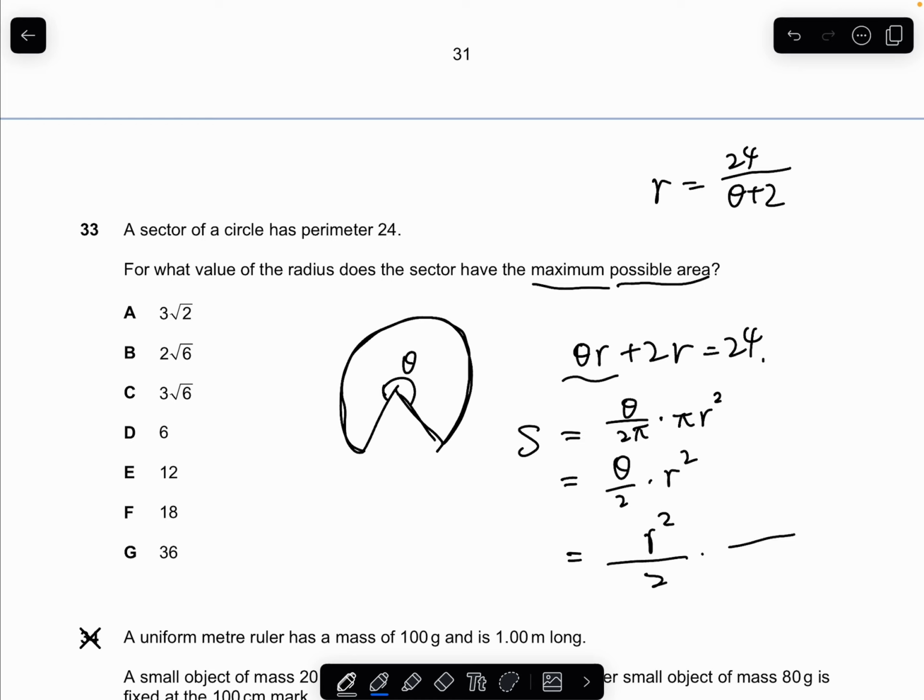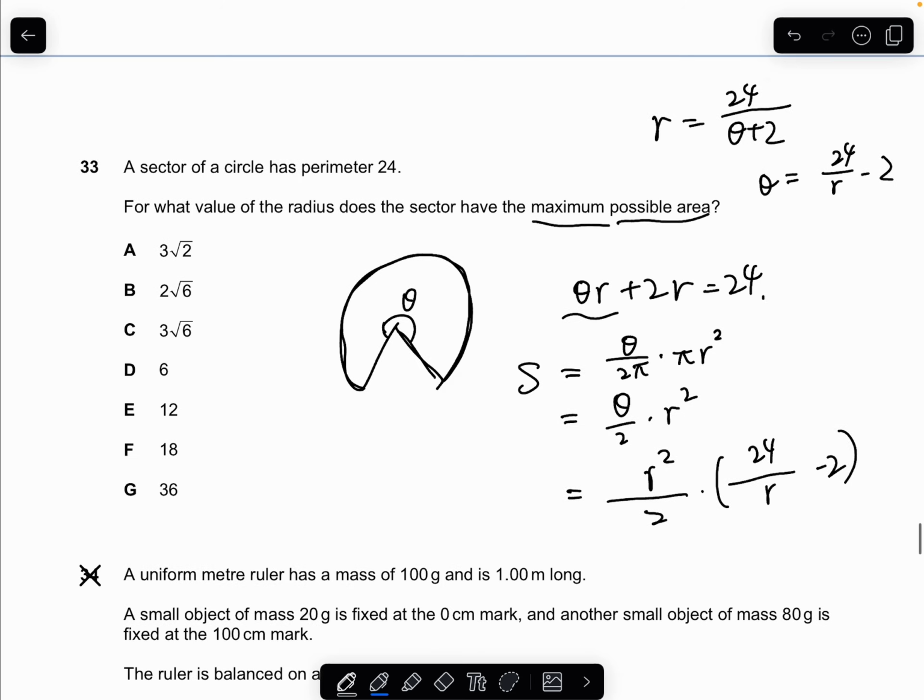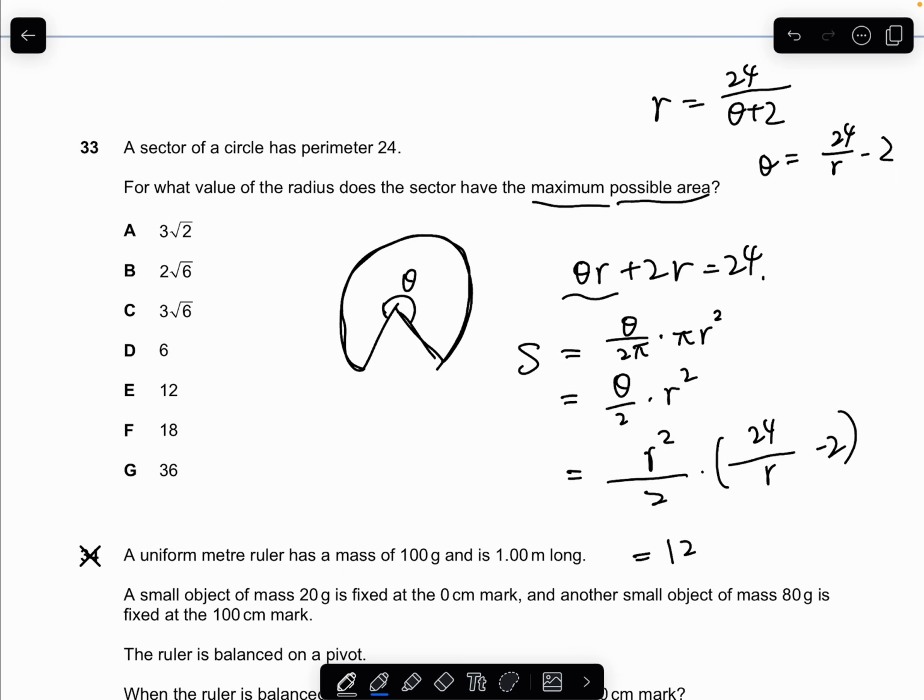Something like this, and it's minus r squared.